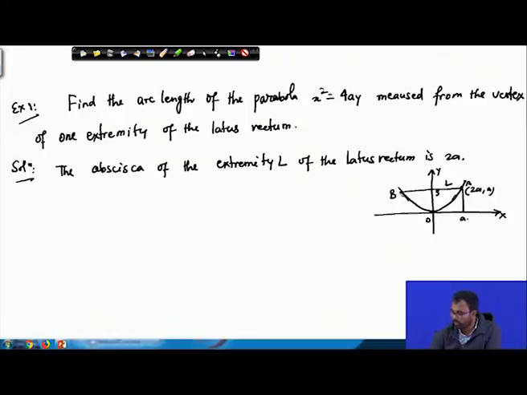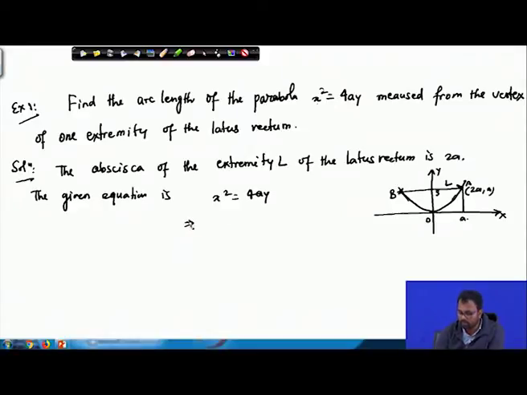So now we have to calculate the length of the arc from this point to this point. We can see clearly that the required length will be given by, because the equation is of type x equals f(y), the given equation x square equals 4ay.